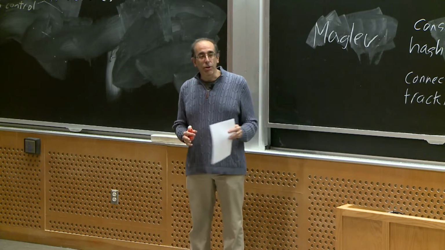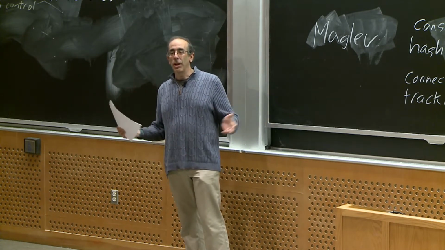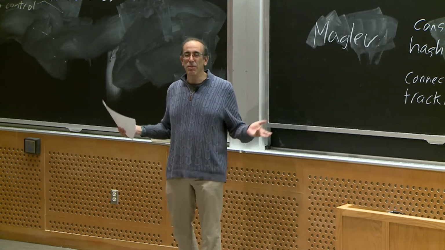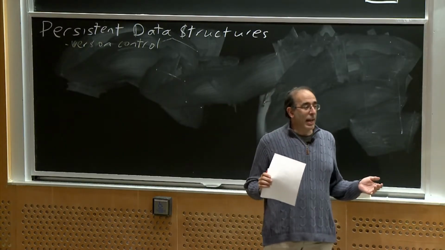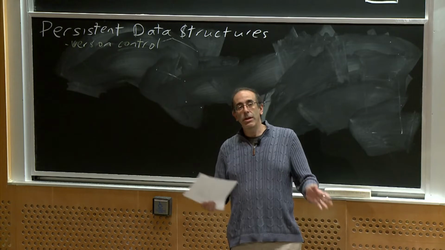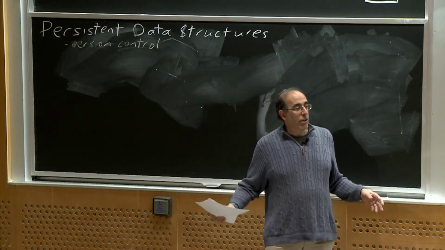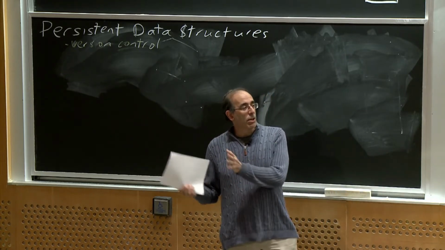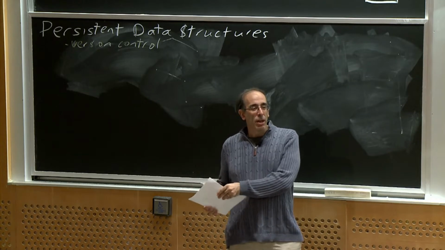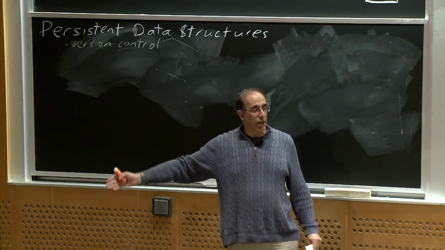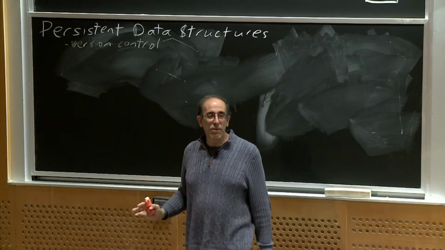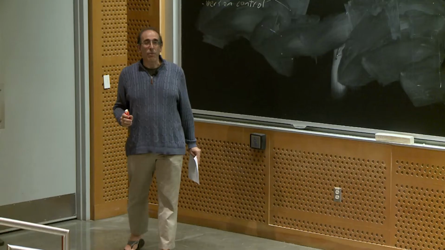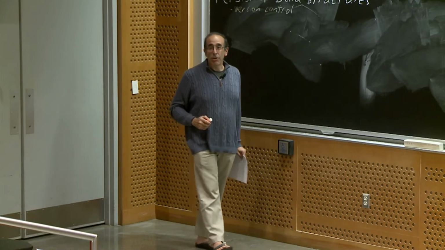But it's very natural if you put yourself in GitHub land or in the mind of version control to ask, well, why can't I ask what the state of the data structure used to be? It would be nice if I could ask questions about what was the minimum yesterday, or what was the successor of this key 3 days ago. So that's a really natural thing to ask for.